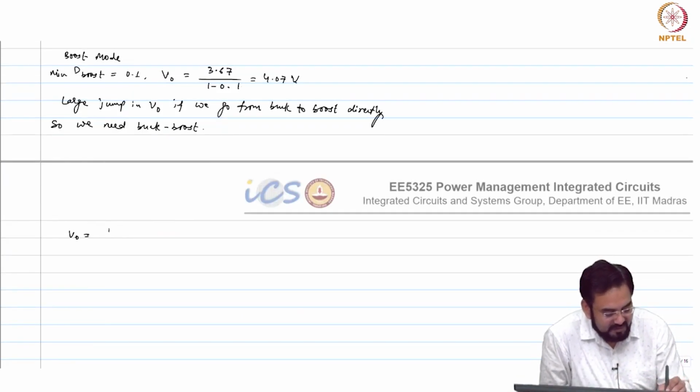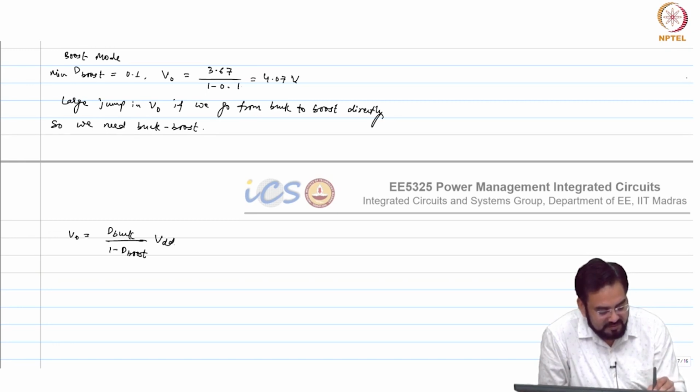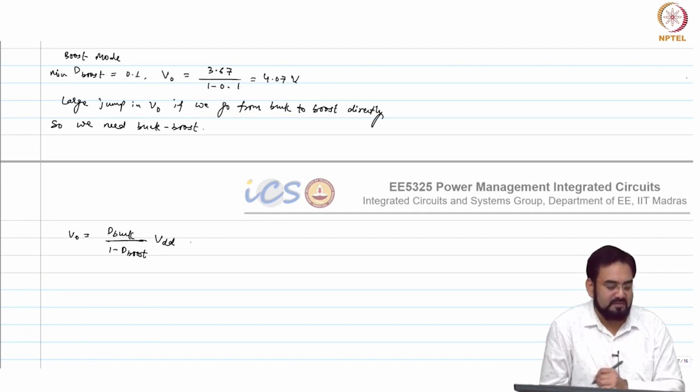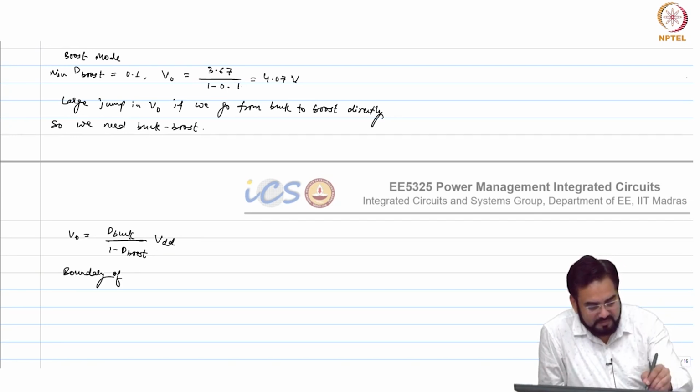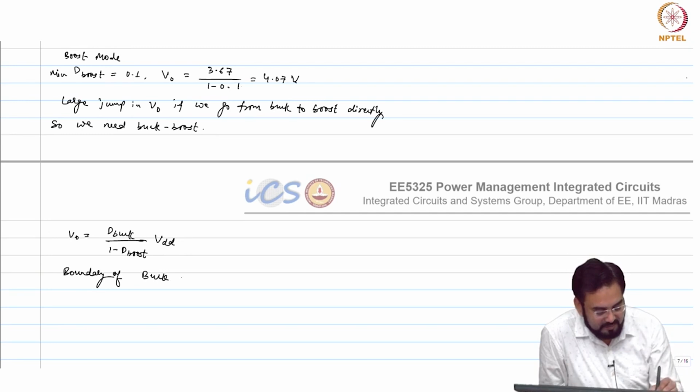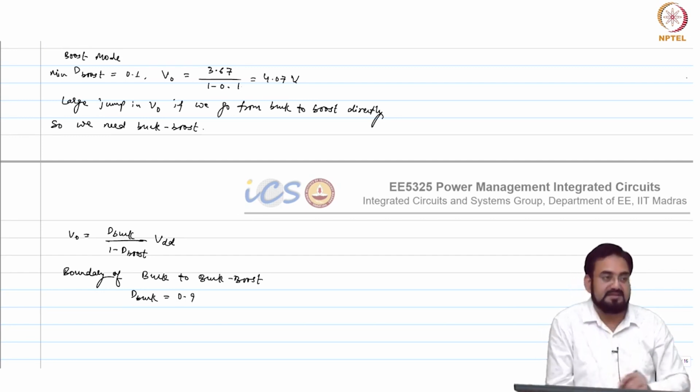Now let us say I go to buck boost. So Vout, I know, is Dbuck over 1 minus Dboost into VDD. What is the boundary condition? Boundary of buck to buck boost is Dbuck equal to 0.9, let's say.